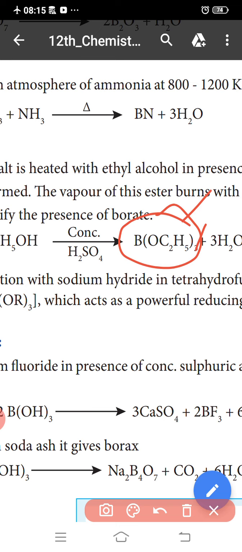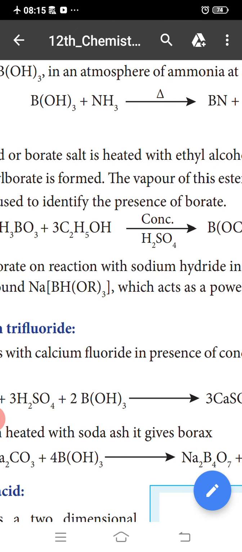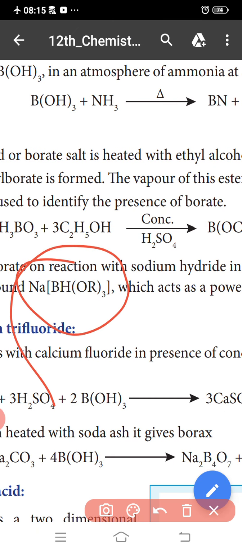The trialkyl borate on reaction with sodium hydride in tetrahydrofuran forms a coordination compound which acts as a powerful reducing agent.